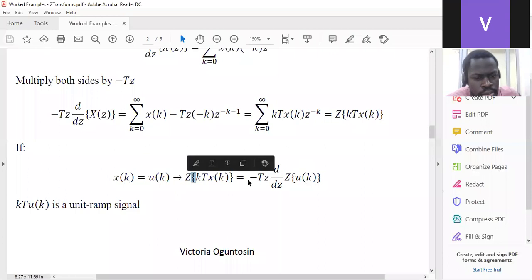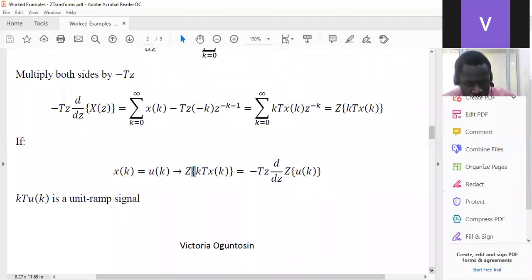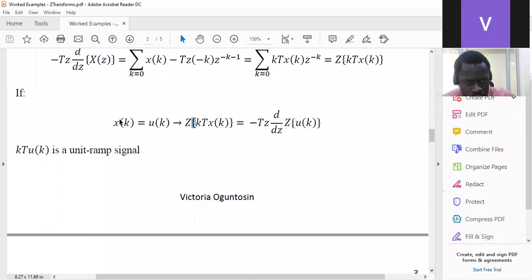So the Z transform of the unit ramp is simply minus TZ, then multiplied by differentiation of the unit step. That's what it simply says. So let me say it again. The Z transform of the unit ramp is equal to minus TZ multiplied by differentiating the unit step. So that is just what we've proved.